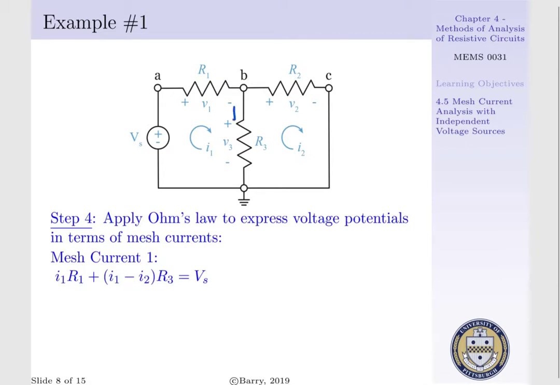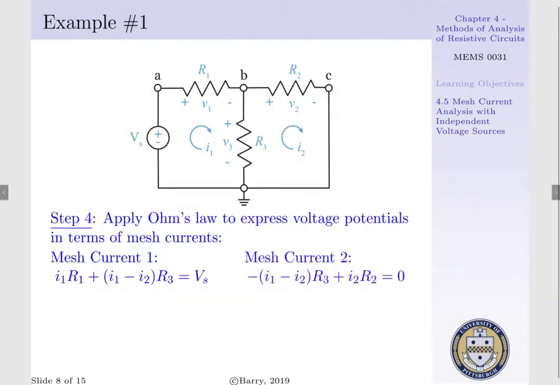That is, if we had a current I running through resistor R3, I would be equal to I1 less I2. That is, R3 shares mesh currents I1 and I2. Therefore, our KVL equation becomes I1R1 plus the quantity I1 minus I2 times R3 is equal to our source voltage.